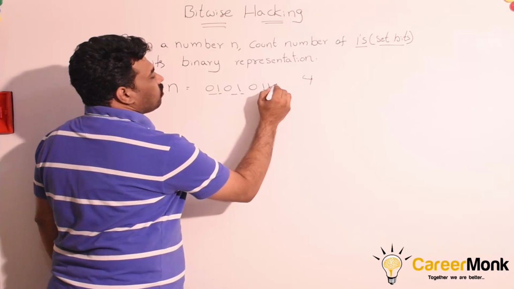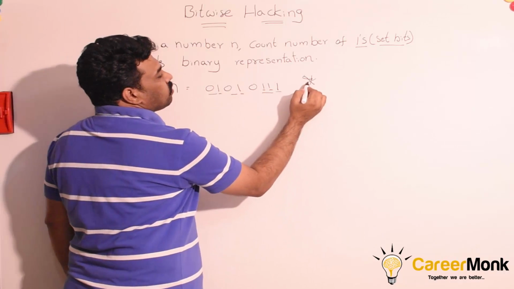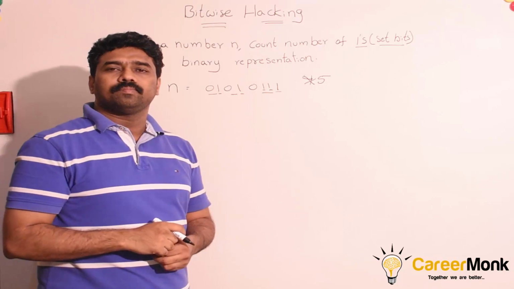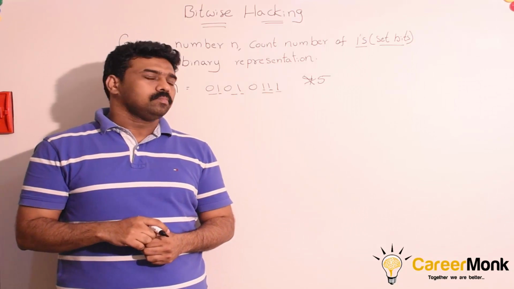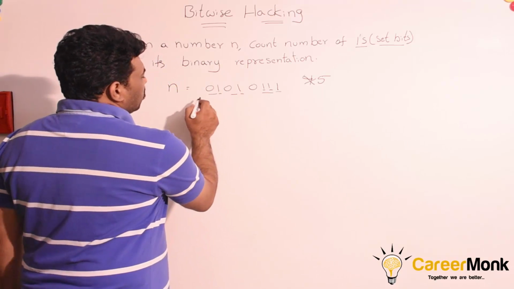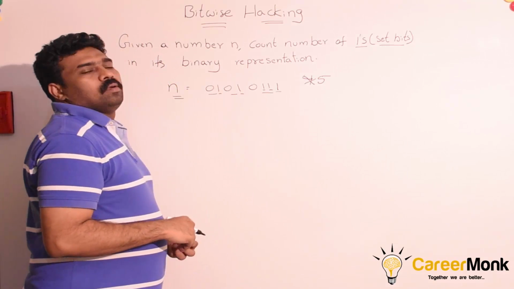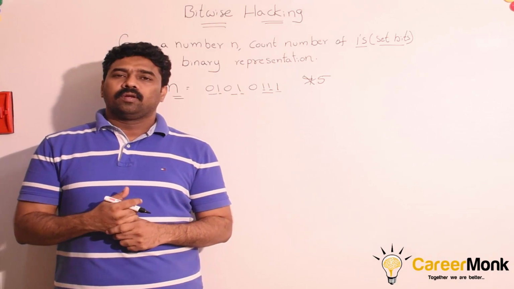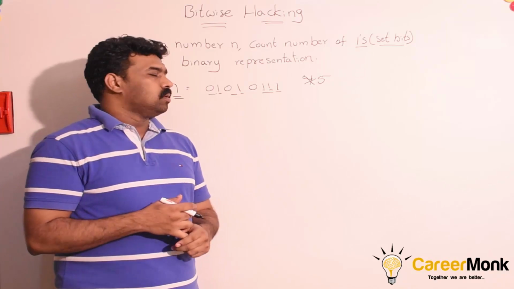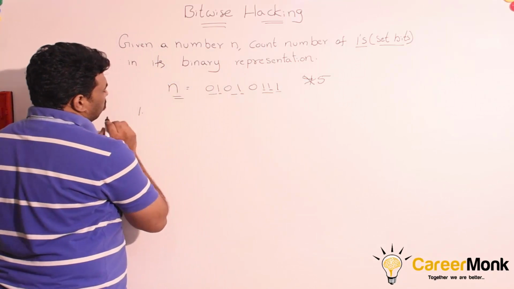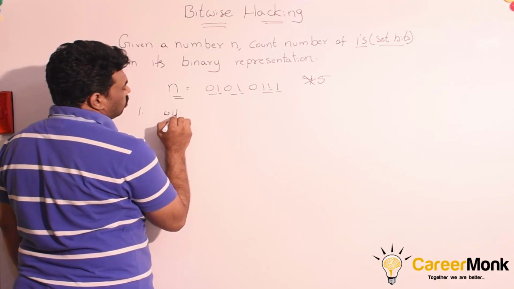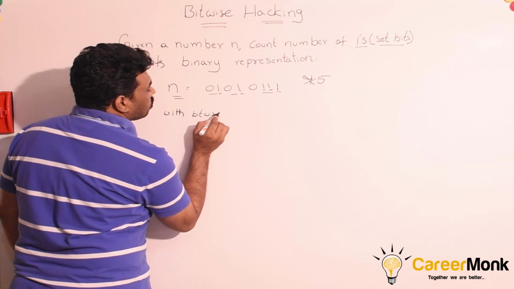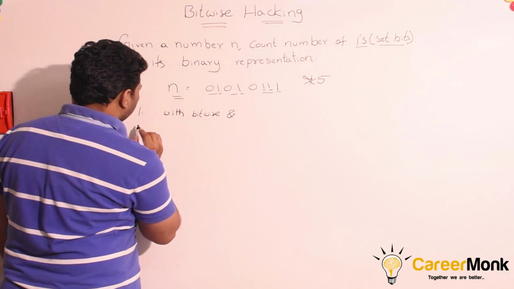For example, if you make another bit 1, it will be 5 set bits in the binary representation of this number. For this problem, we have multiple solutions, and in this discussion, we are going to look at 4 of them. First one is with the bitwise AND operator.